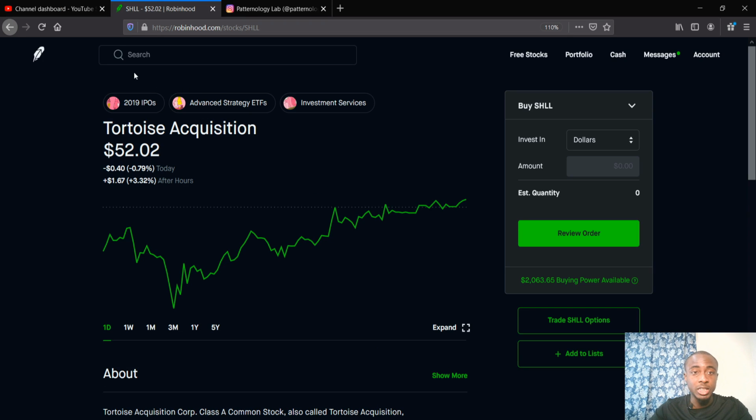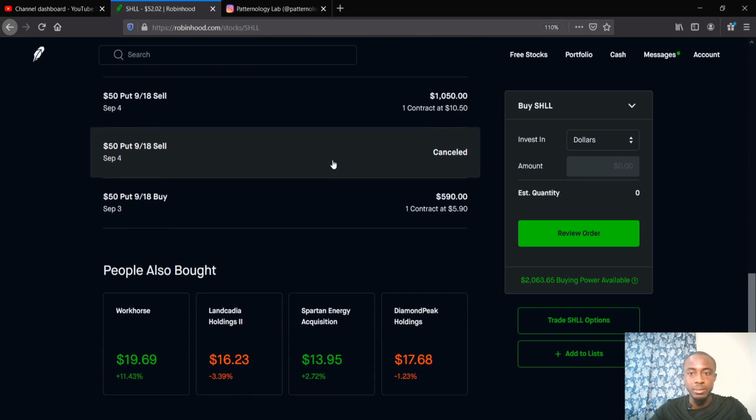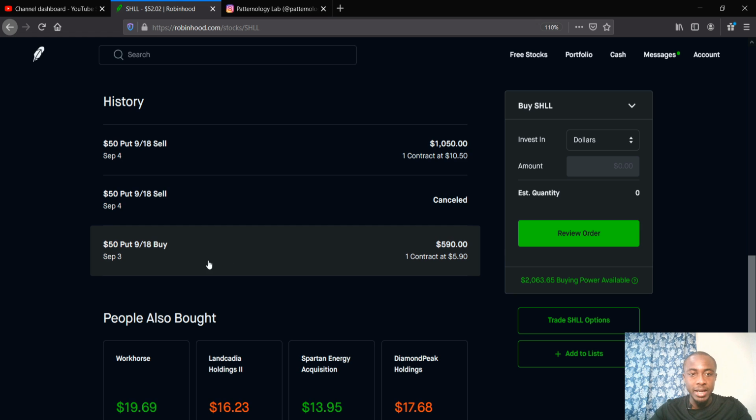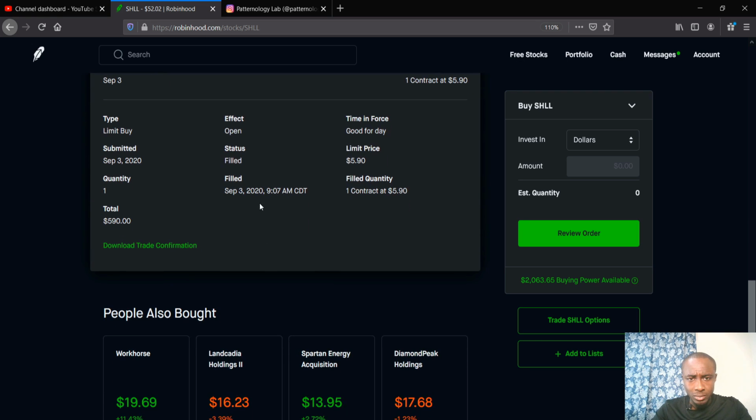And again, this right here is SHLL. If you scroll down to the history, you can see that I bought a put option that expired on the 18th of this month, right? The $50 put for exactly $590. And if you dive into the details of that, you can see that I bought my contract at exactly 9:07.